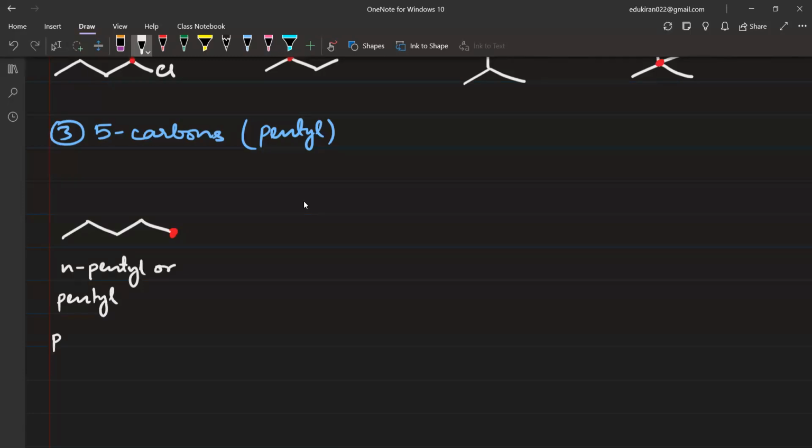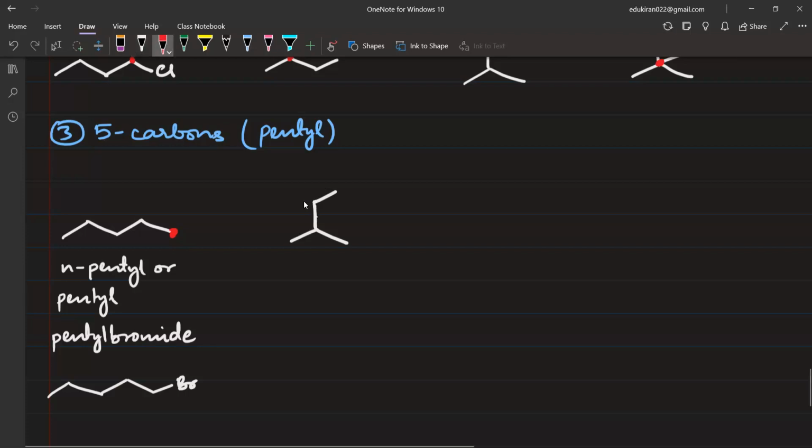So if you have pentyl bromide, then they want you to write this structure. Another one is isopentyl. So isopentyl, what you need to have? You need to have a CH3 group like this. And then you have 1, 2, 3 carbon atoms, 4th carbon atom here. And 5th carbon atom here.